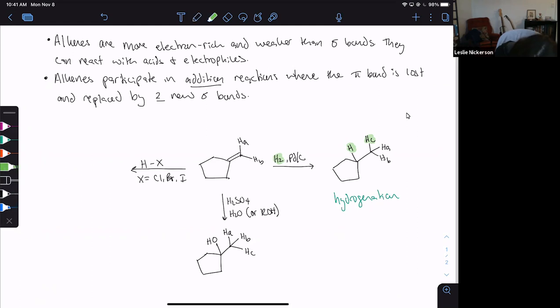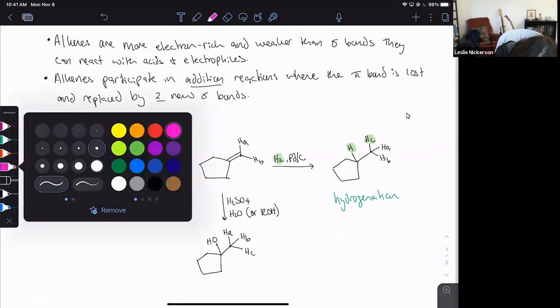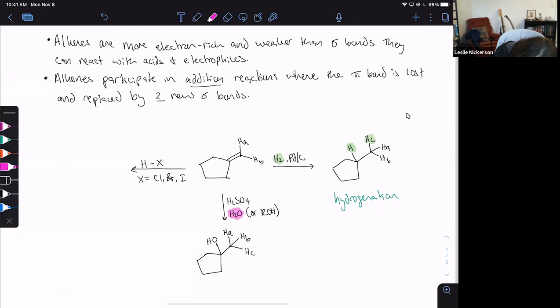Okay, so my water, let's do a different color here, ended up here and here. Okay, so we've added water across the double bond.